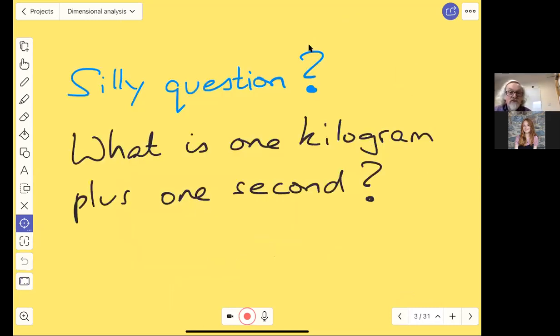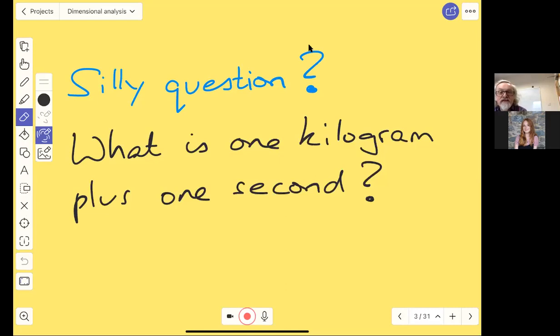So let me start with a question, a very silly question. What is 1 kilogram plus 1 second? Answers in the chat, please. Yep, I agree, Alexa, I agree, Benjamin.